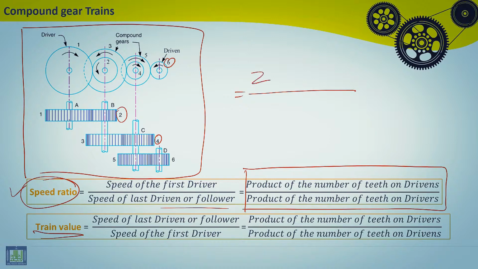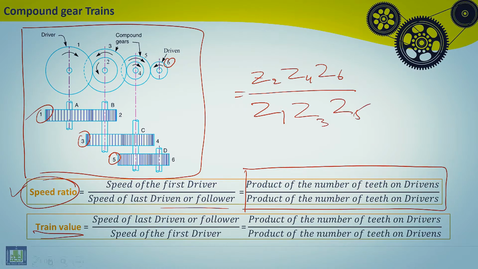So we find Z2, Z4, Z6, divided by the product of the number of teeth on the drivers. The drivers are number 5, number 3, and number 1: Z1 multiplied by Z3 multiplied by Z5. This is the speed ratio.